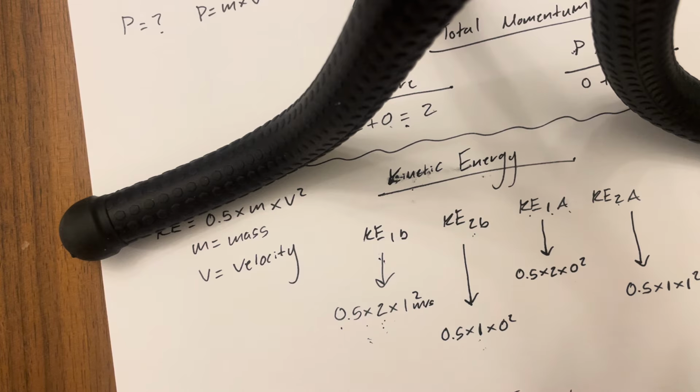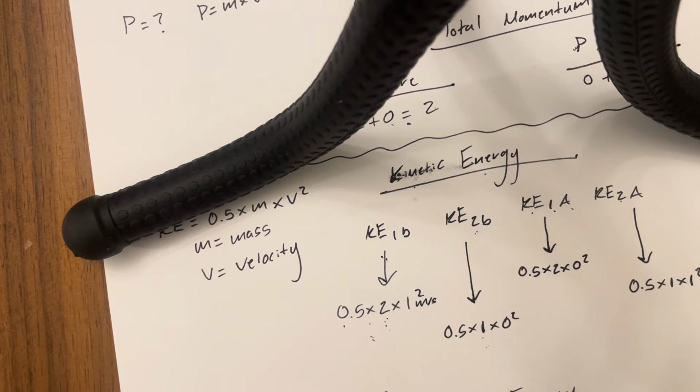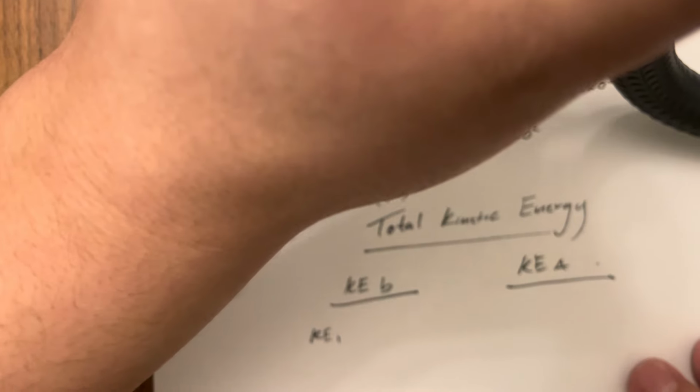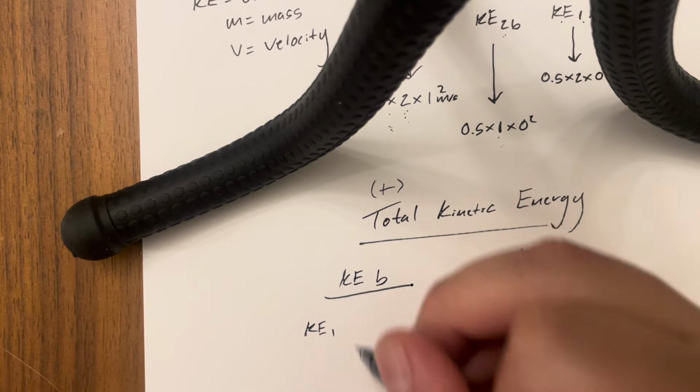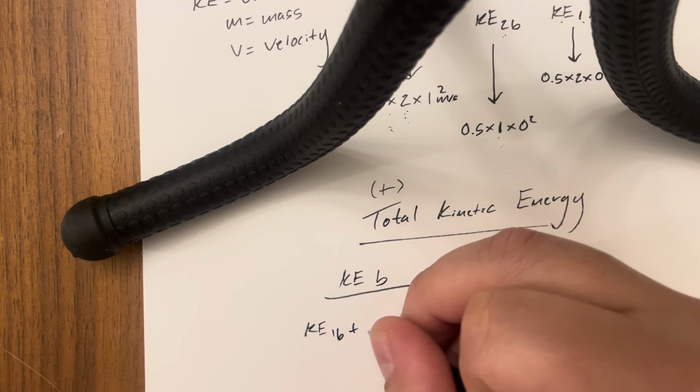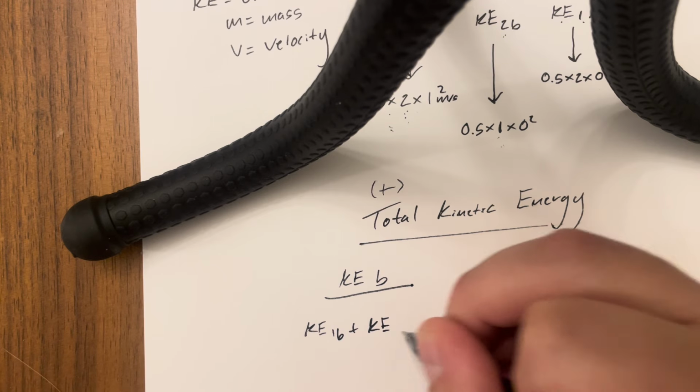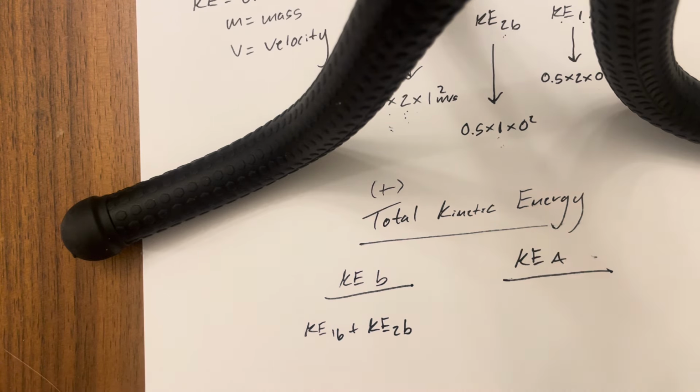Okay, so KE1, oh, you can't see what I'm writing. Let's go down here. KE1B plus KE2B. Whatever numbers you get from the table before, you're going to add those numbers.